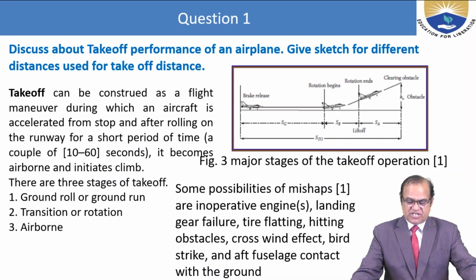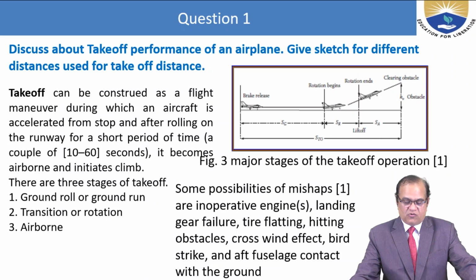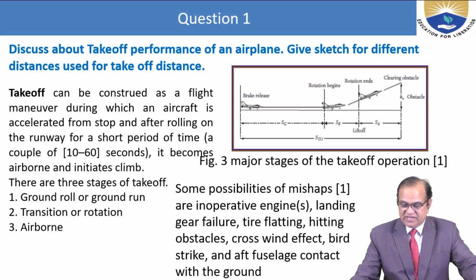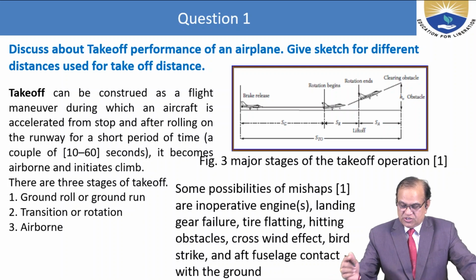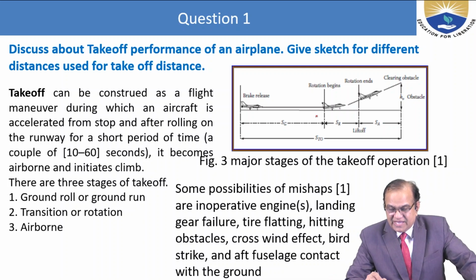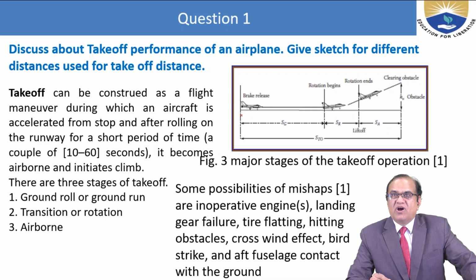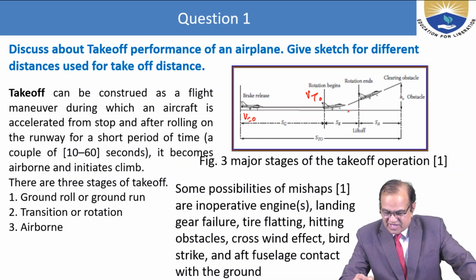There are 3 stages of takeoff. First is the ground roll or the ground run. Then we have the transition or the rotation, and then airborne. If you see in this diagram, from here V is equal to 0, and from here V takeoff. From here it is called the ground roll. From here it is SR, that is the transition or the rotation.